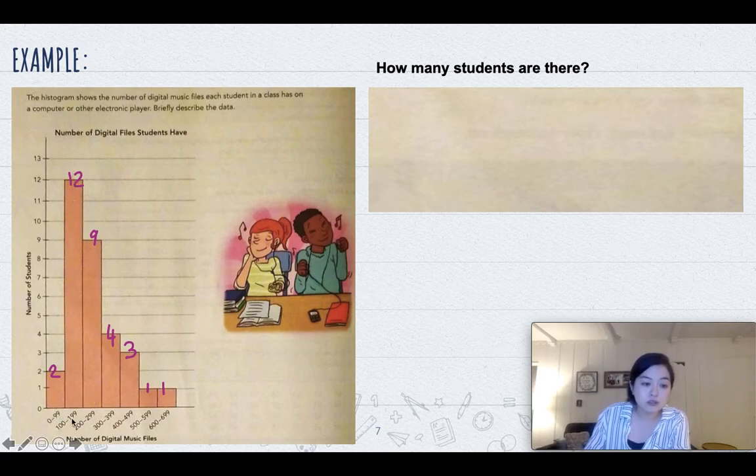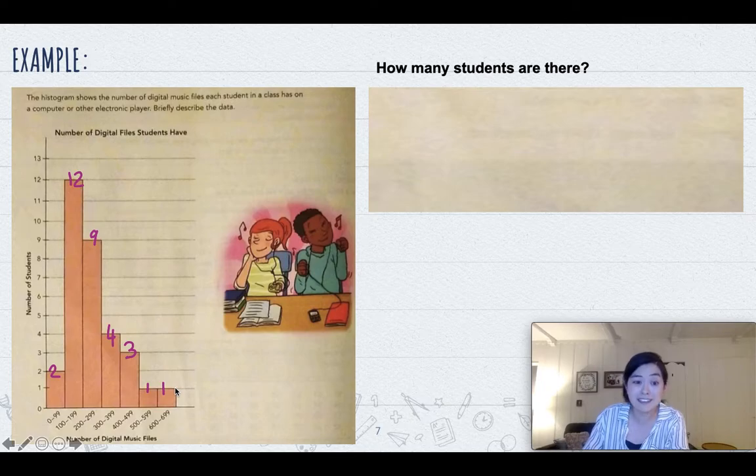There's 12 students who download 100 to 199 music files. There's 9 students who download 200 to 299 music files. There's 4 students who download 300 to 399 music files. There's 3 students who download 400 to 499 music files. There's 1 student who downloads 500 to 599 music files, and then there's one more student who also downloads 600 to 699 music files.